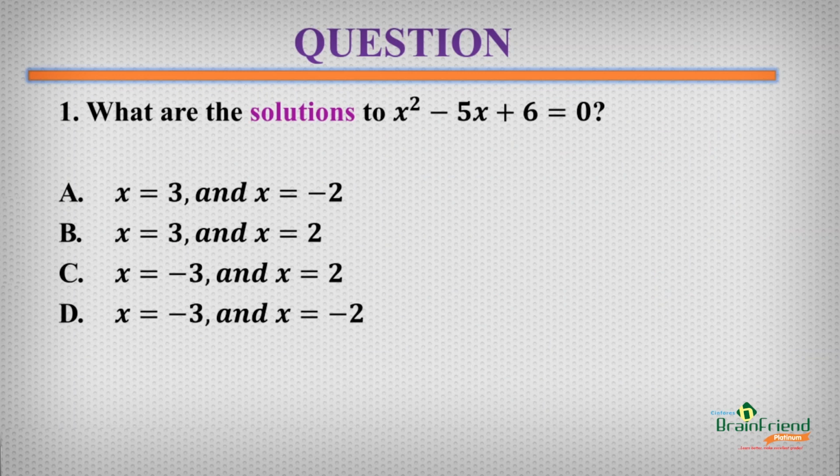Question number 1. What are the solutions to x squared minus 5x plus 6 equal to 0? Take your time, go through it, let's see what you get. What's your answer? The answer is B, which is x equal to 3 and x equal to 2.